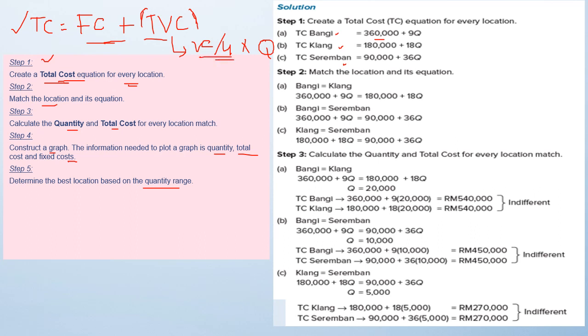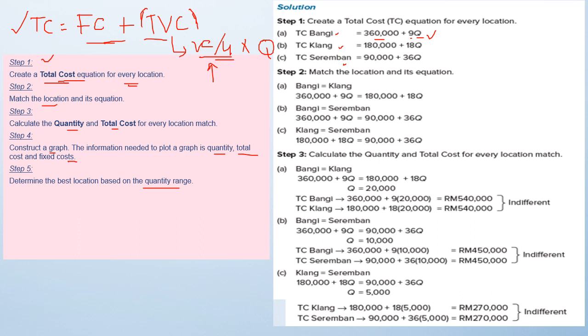It is variable cost per unit multiplied with quantity. You are given the variable cost per unit for every location. So for Bangi, variable cost per unit is 9 ringgit and we don't know the Q, so we maintain the Q. So total cost equation for Bangi is 360,000 plus 9Q.